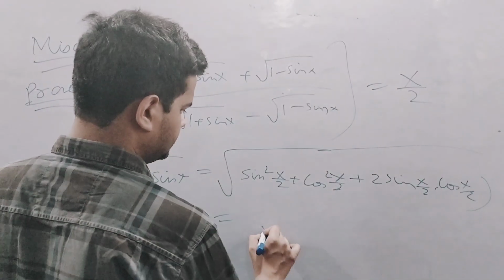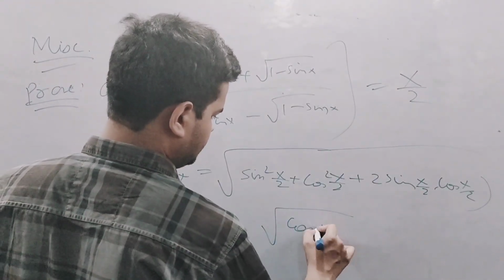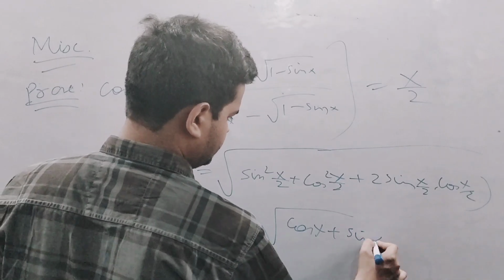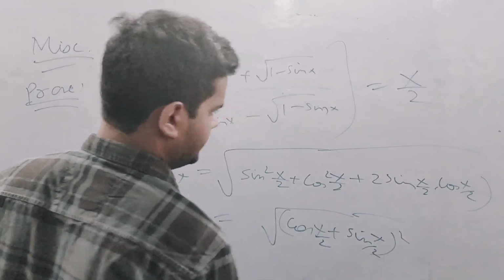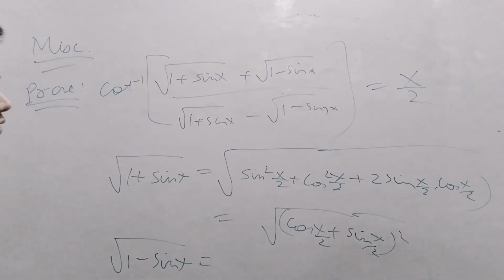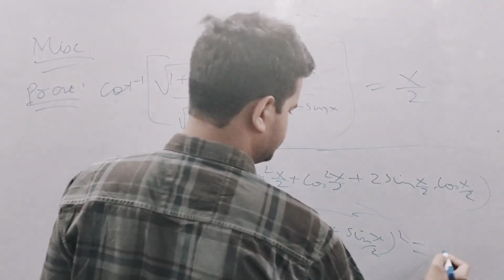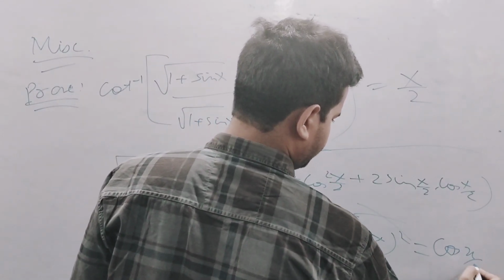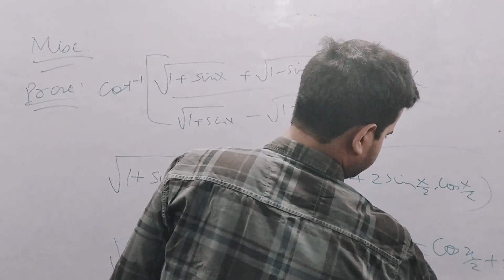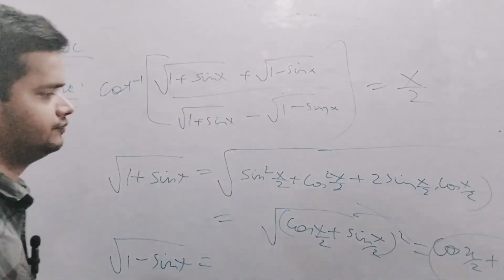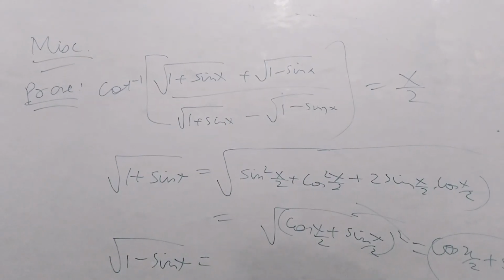So this is cos x upon 2 plus sin x upon 2 whole square, which becomes cos x upon 2 plus sin x upon 2.